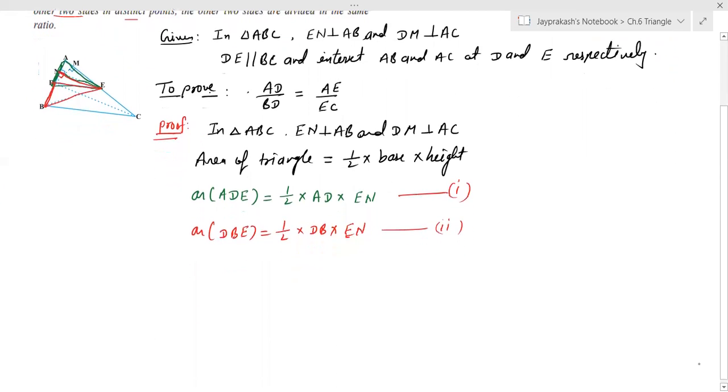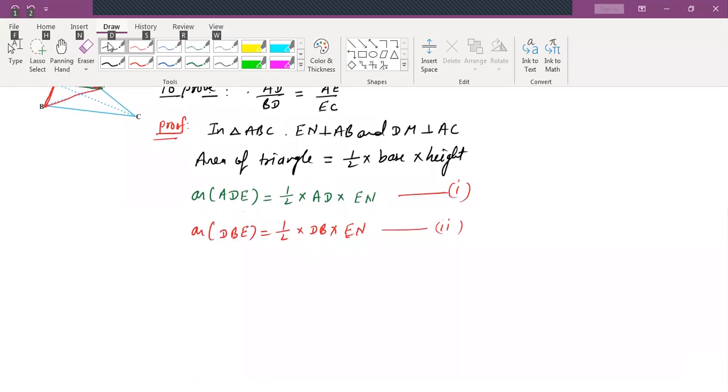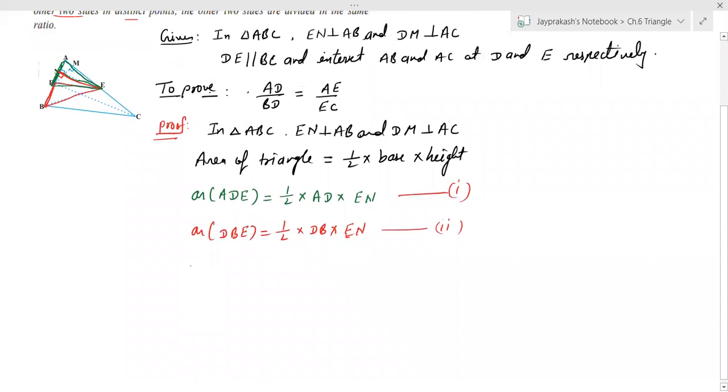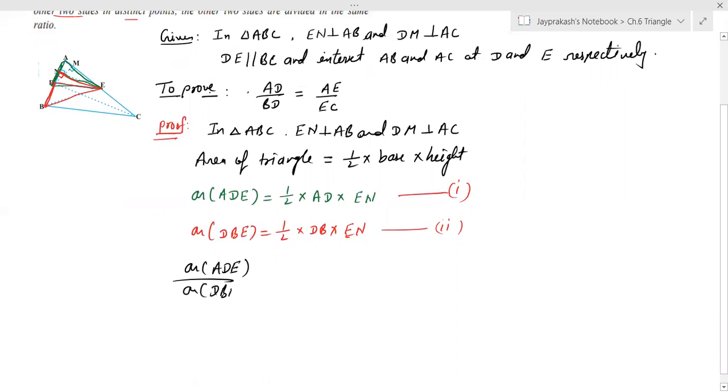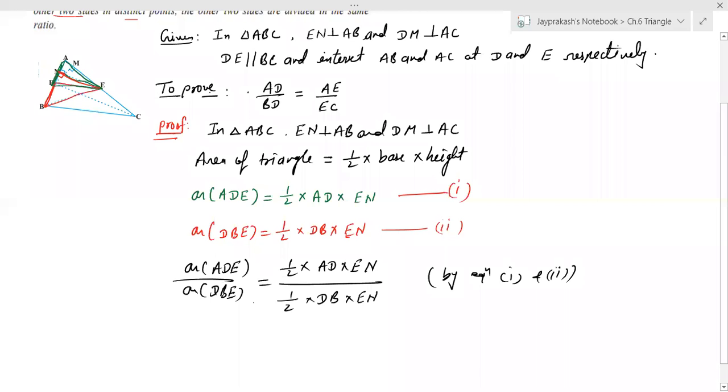Now from these two equations, we have to find the ratio of the areas of these two triangles. So we'll write area of ADE upon DBE. So by equations 1 and 2, we are writing here in division part, or you can simply say we are dividing equation 1 by 2.